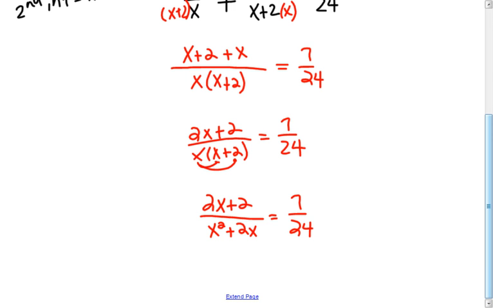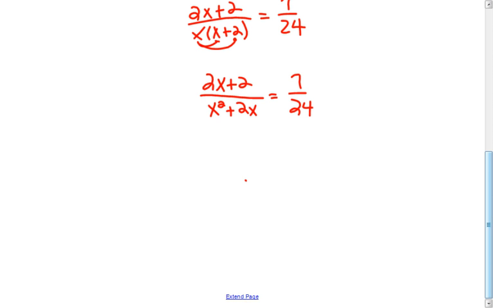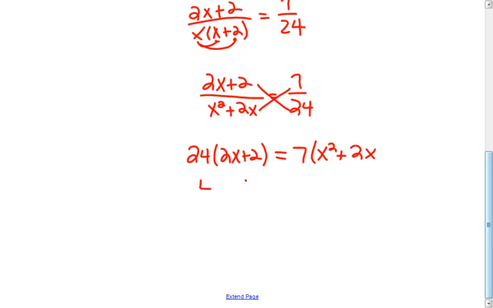Okay, and now what I want to do is cross multiply, so I'm going to multiply that times that, so I have 24 times 2x plus 2, and then equals 7 times x squared plus 2x. So 24 times 2x is 48x. 24 times 2 is 48. 7 times x squared is 7x squared, and 7 times 2x is 14x.